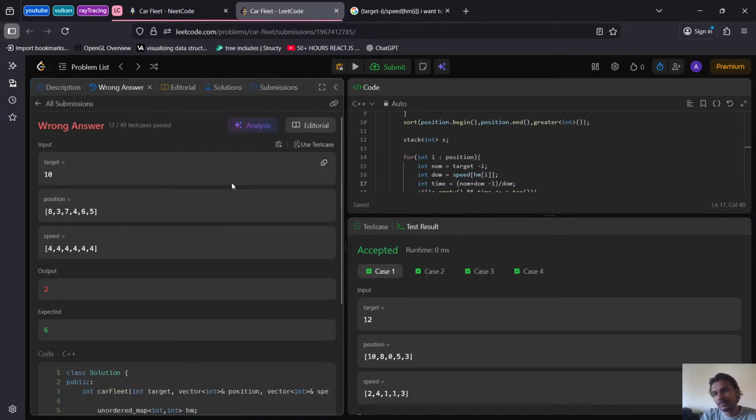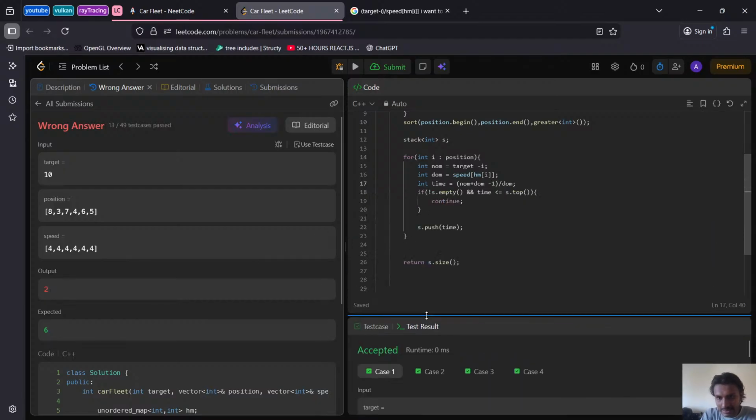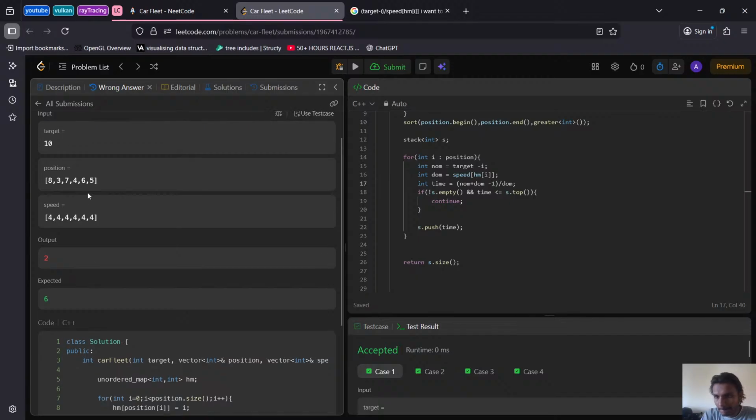Again we have an issue: the output is 2, but we need 6. Let's compute this by sorting like 8, 7, 6.